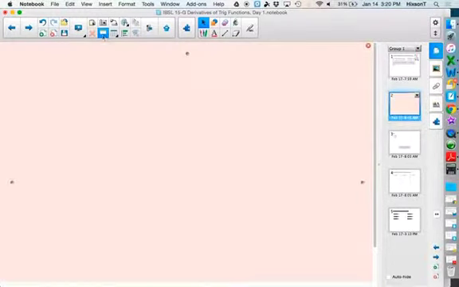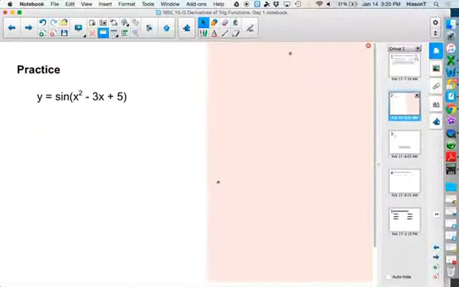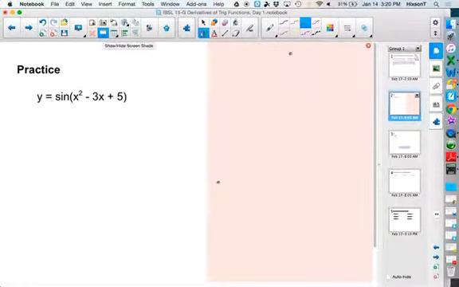All right, let's start with one where we have the sine of x squared minus 3x plus 5. What rule are we going to use here? Chain rule. In the chain rule, we have g of u, and we have u. U is that inner function, the x squared minus 3x plus 5.